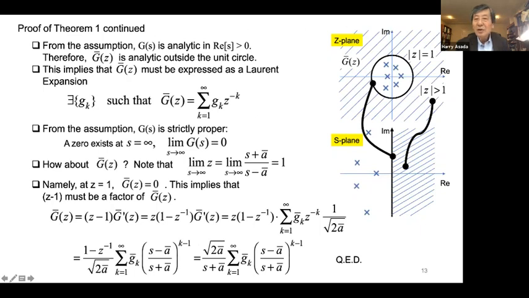Okay, now we go to the key part. We'd like to prove Theorem 1. From the assumption, G S is analytic in the right-hand side.